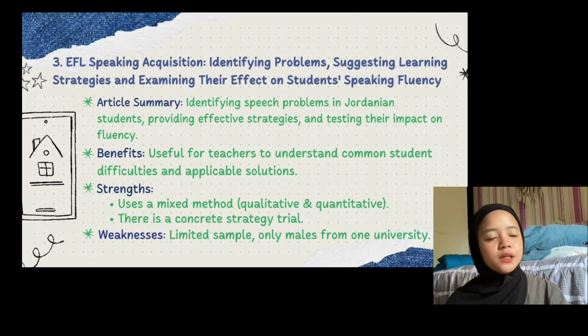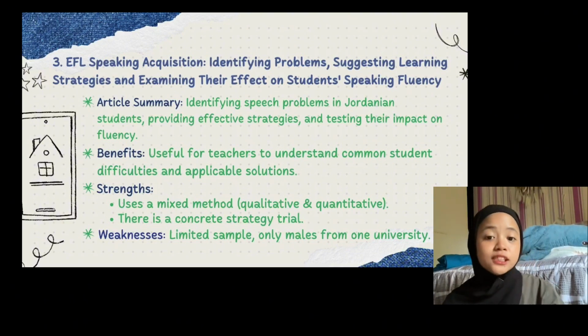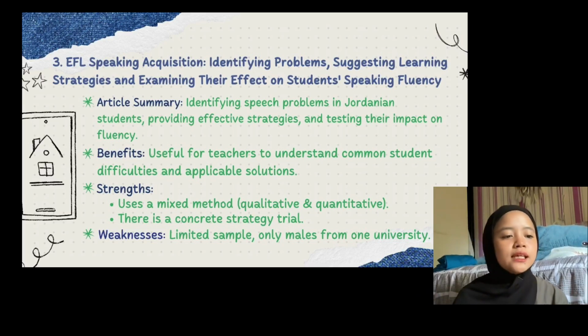The benefit from this article is that it is very useful for teachers to understand common students' difficulties and also applicable solutions. So it's not only identifying the difficulties or problems of the students, but it also provides applicable solutions.